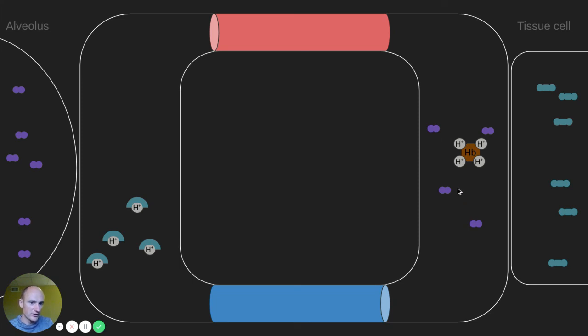Well, those oxygens are going to wind up going into the cell, and the cell is going to consume them. Do you remember what happens over here? We have carbonic acid. Well, is it going to give up that hydrogen? No, wait. What do we want to have happen? We want to breathe out carbon dioxide. So remember, carbonic acid is basically just two things put together. What was it put together again? That's right. It was carbon dioxide and water.